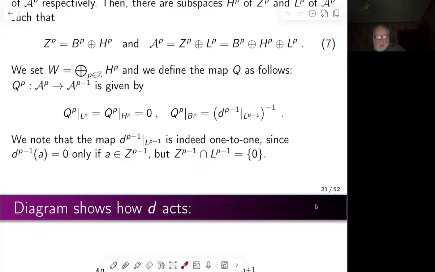So it's really a one-to-one map, and so we have the inversion.